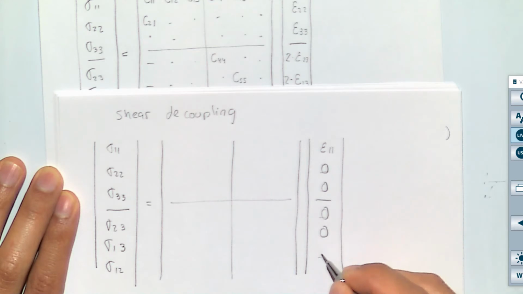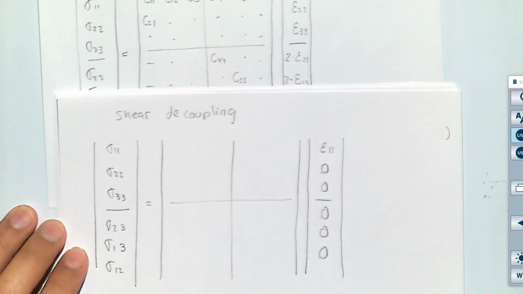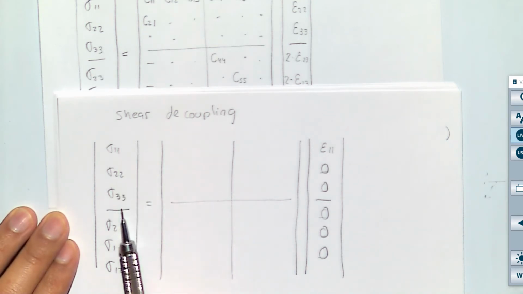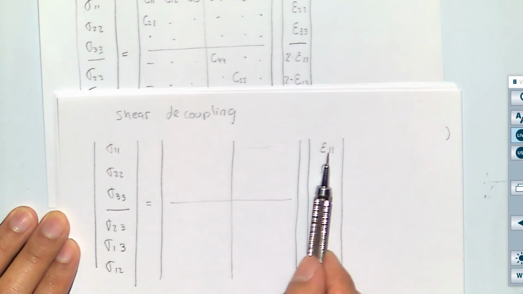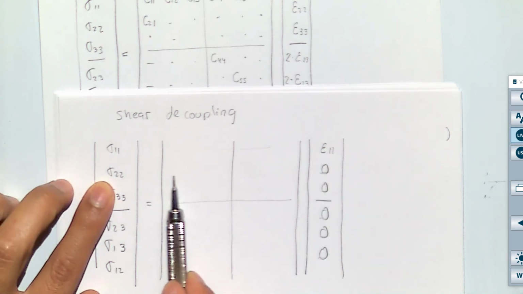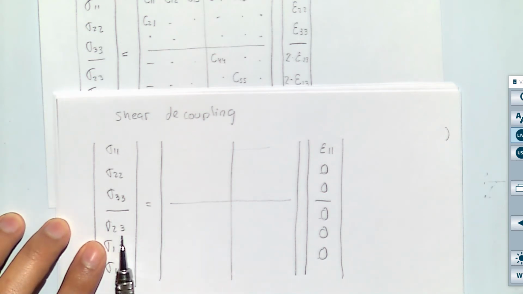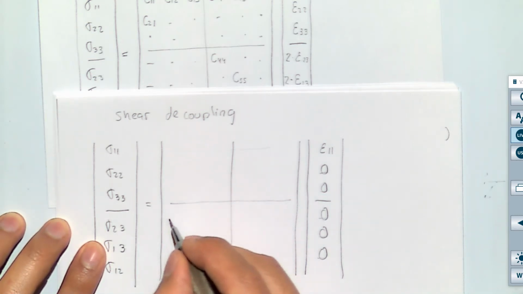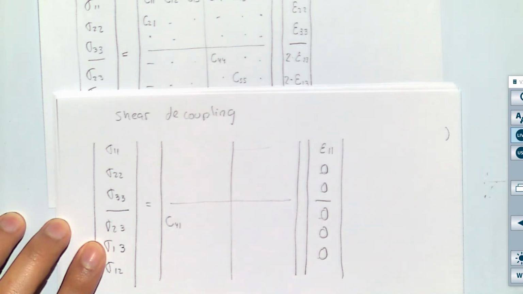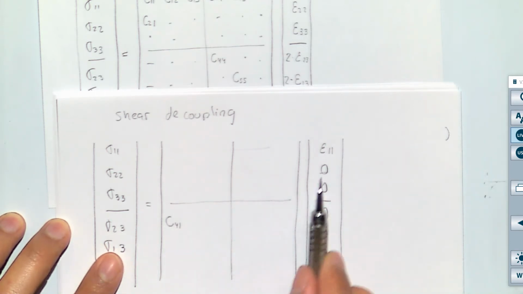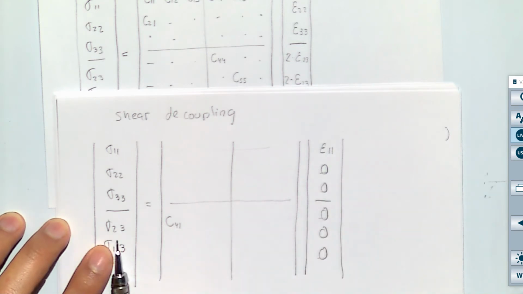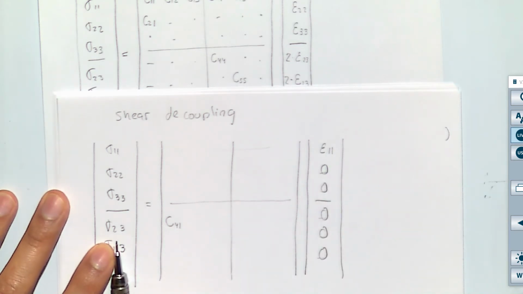I'm going to delete that after. Let's say all of those are zeros. Then sigma 1, 1, sigma 2, 2, sigma 3, 3 is just going to be first row times column. Sigma 2, 2 is going to be second row times this column, and so on, right? So when we get to the shear part, the element here, which in this case should be C41, C41 times epsilon 1, 1 is going to give you the shear stress sigma 2, 3.